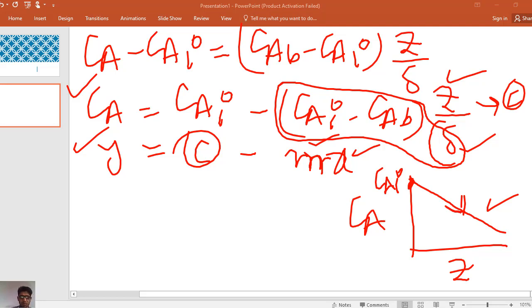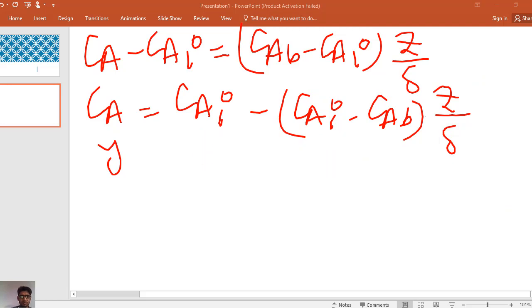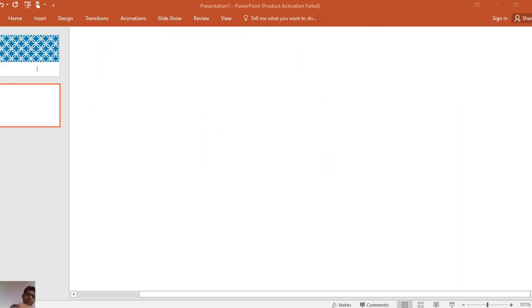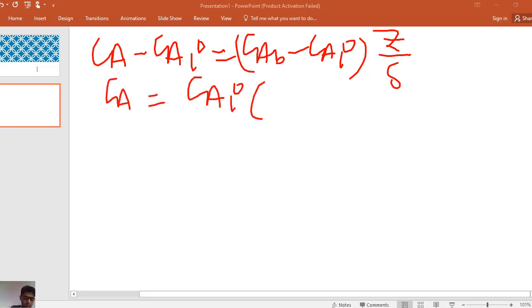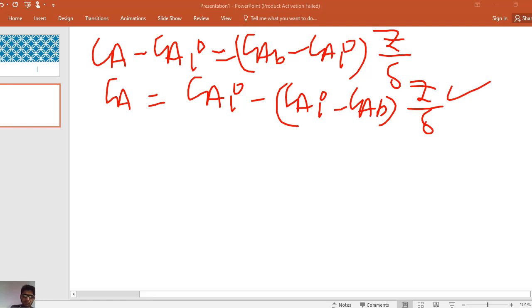Now we can further simplify this equation to find the flux of A in the Z direction. We know that Ca equals Cai minus (Cai minus Cab) into Z divided by the thickness of the stationary layer.